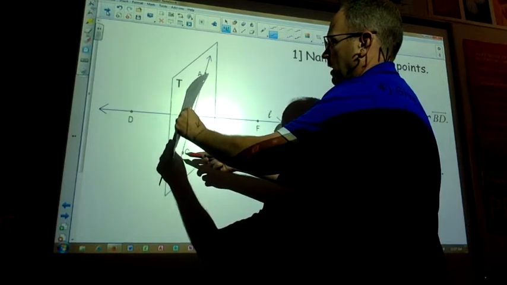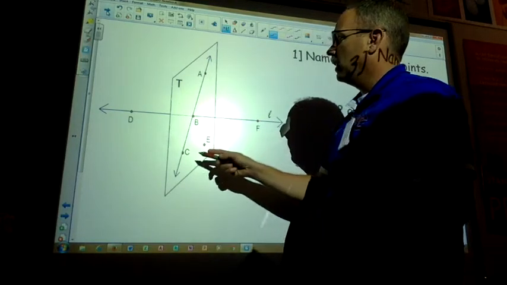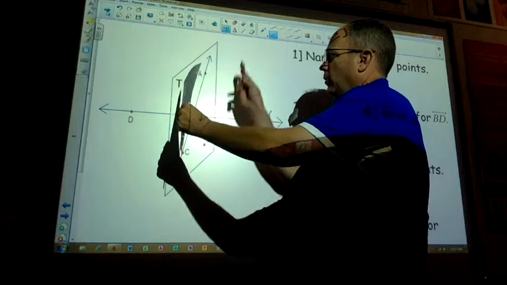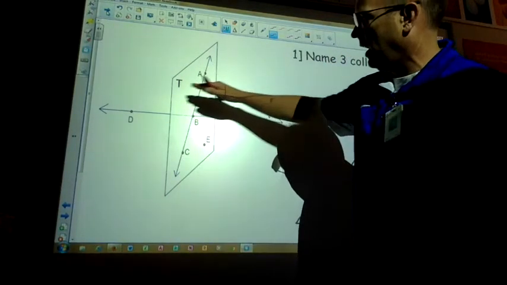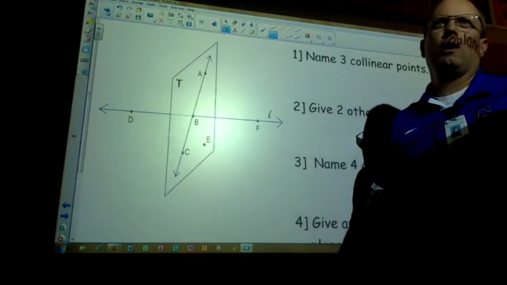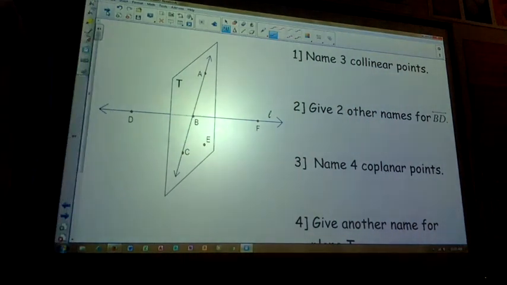Then I don't think I could say that C, E, and F are laying on the same line, because C and E are within this plane here, and then the flat plane, and that really looks weird. I wish we had 3D glasses to make the board 3D. But we have to make sure that we feel good about what's taking place with that.